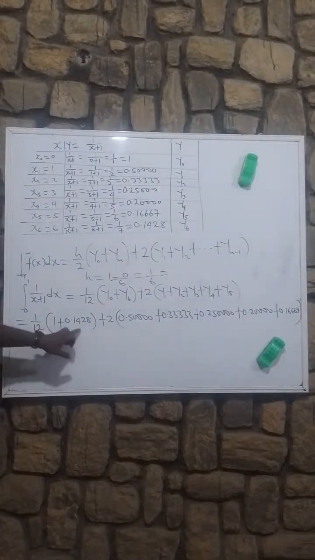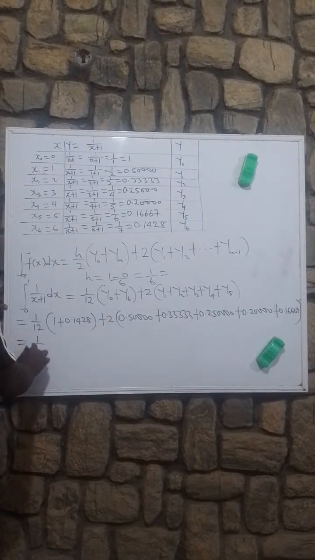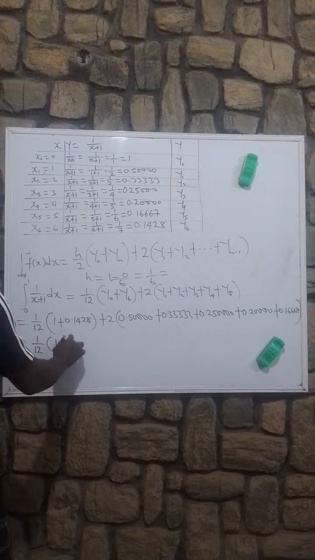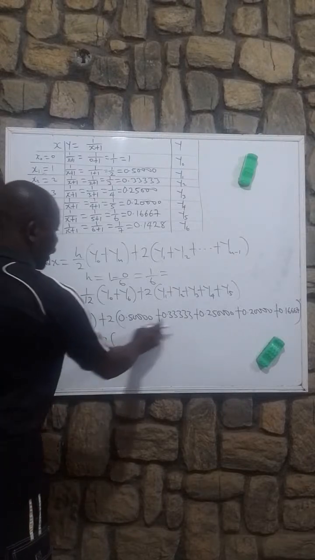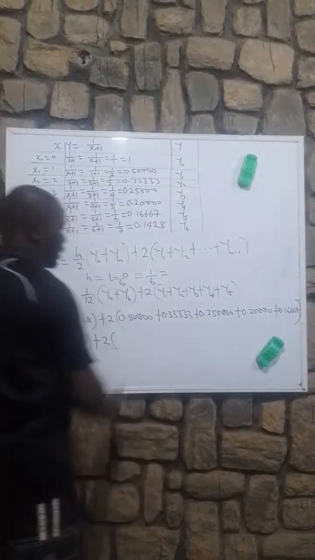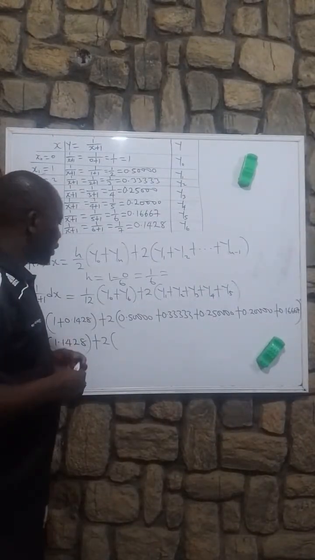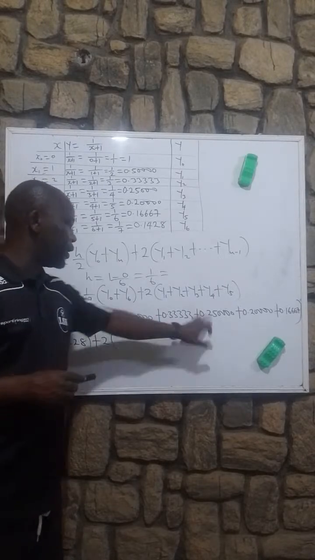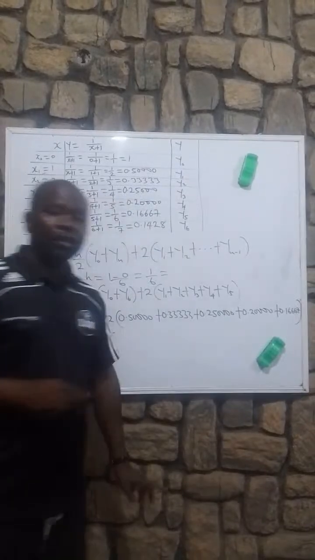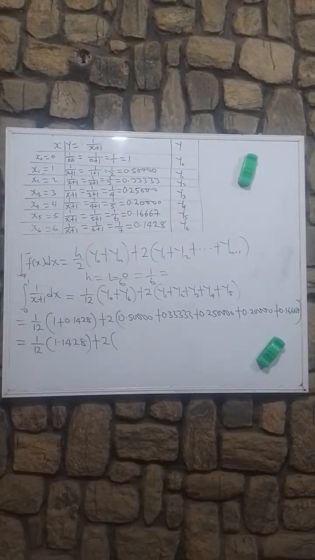So I want you people to add this. If you add this, you are going to have 1 all over 12, open bracket, 1.1428, true or false? Plus 2. Add all of this and give me the answer, please. The first 5 people, I'm going to award you 2 marks. Very fast. I'm waiting.